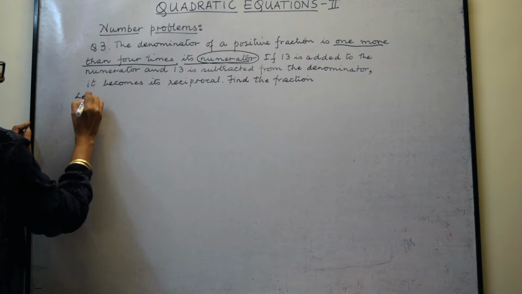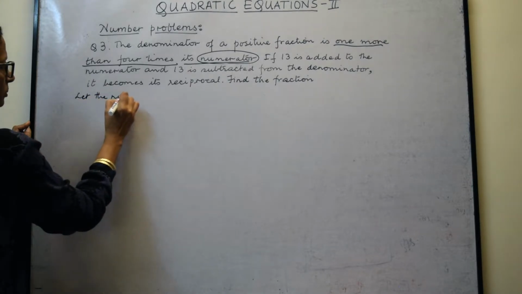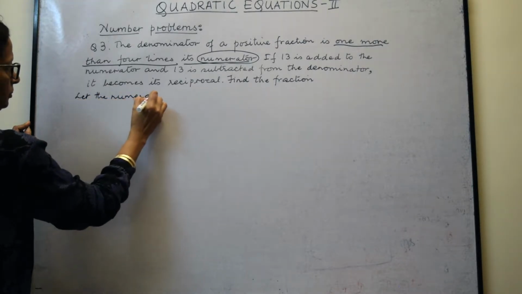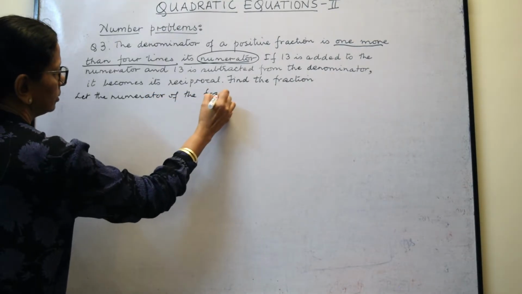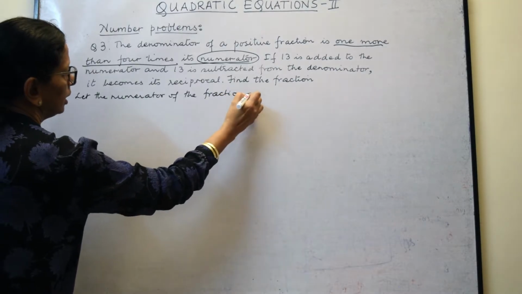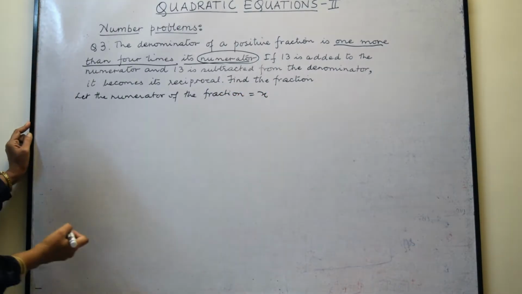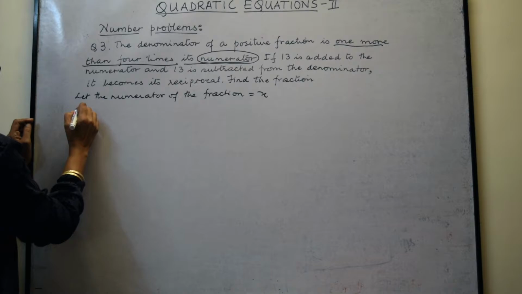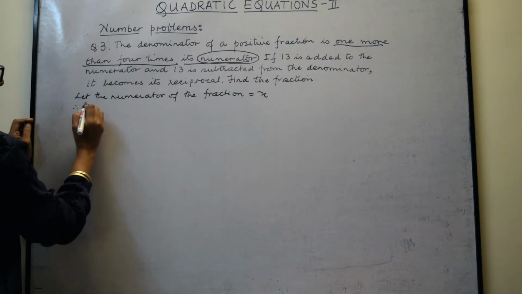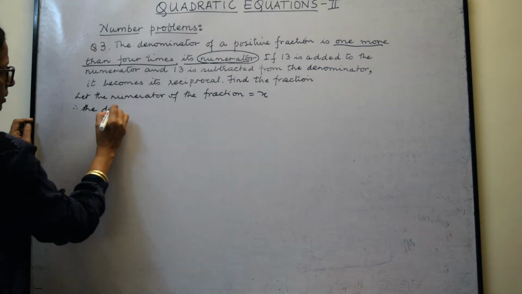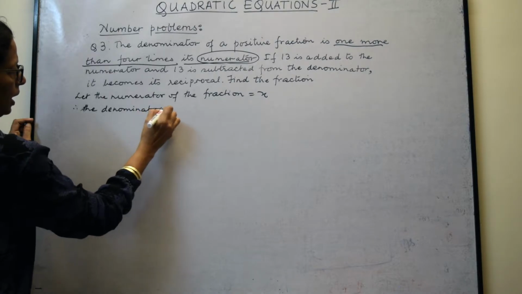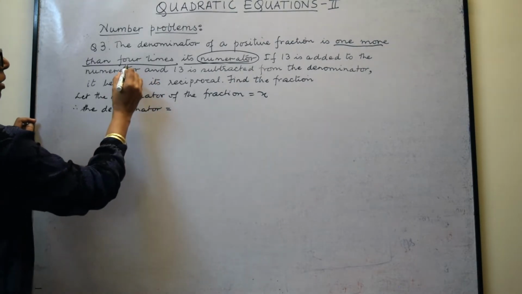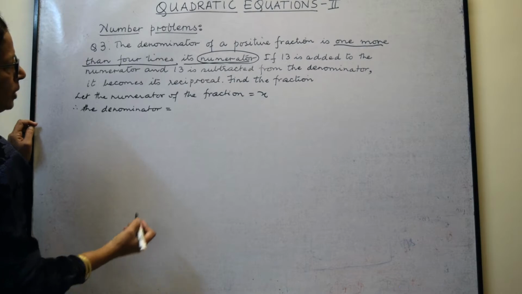You will say let the numerator of the fraction equal x. And so the denominator, therefore, is going to be 1 more than 4 times the numerator.